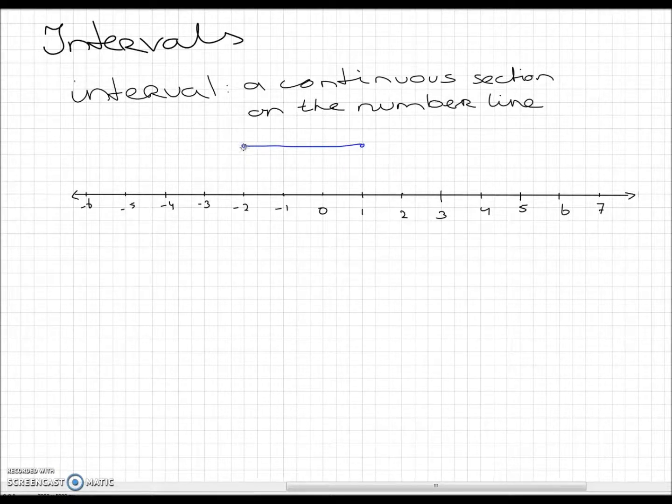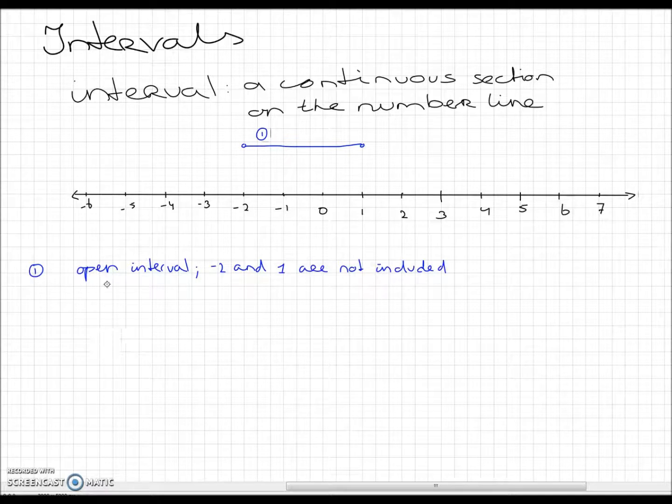I use an open circle to indicate that -2 or 1 is not part of the section, so not part of the interval. Let's call this interval 1. Now, in this case, we have an open interval because the two boundaries are not part of the interval.